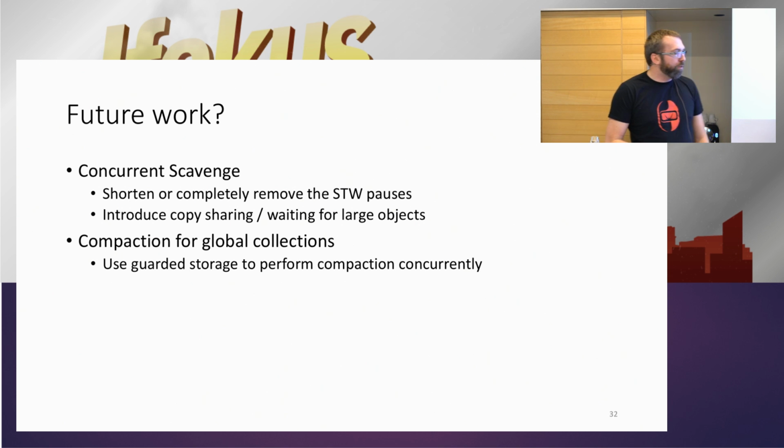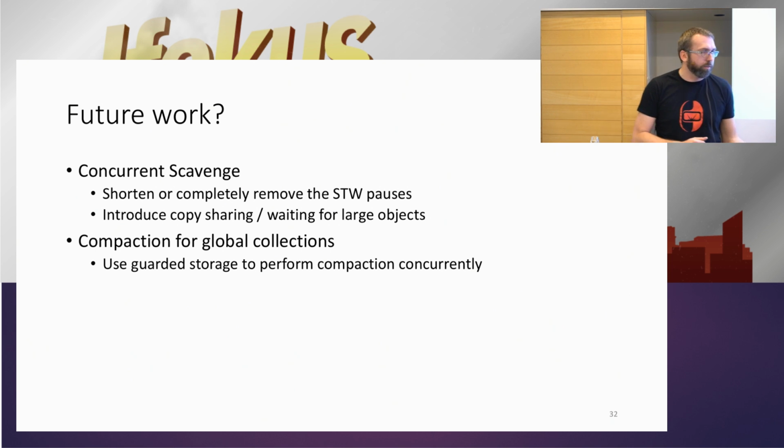We want to then move on to do our compaction for the global collection the same way. We believe we probably won't be able to interleave them. So if we started doing a global compaction, because of the way we have to divide up these memory regions and there's only 64, we may not actually be able to complete a concurrent compaction while we would then go do a nursery collection.